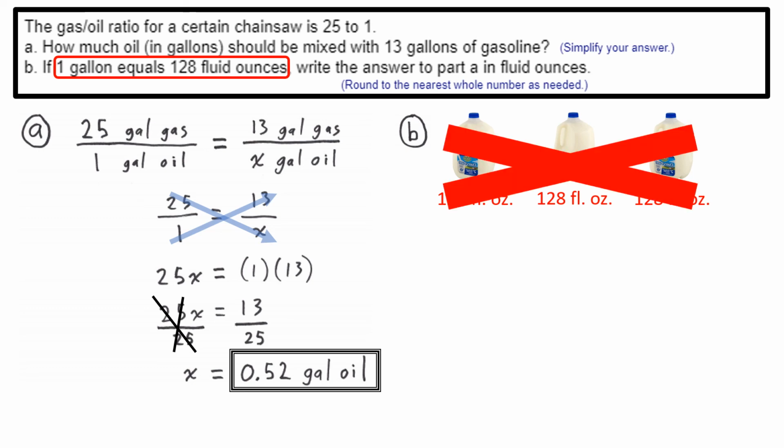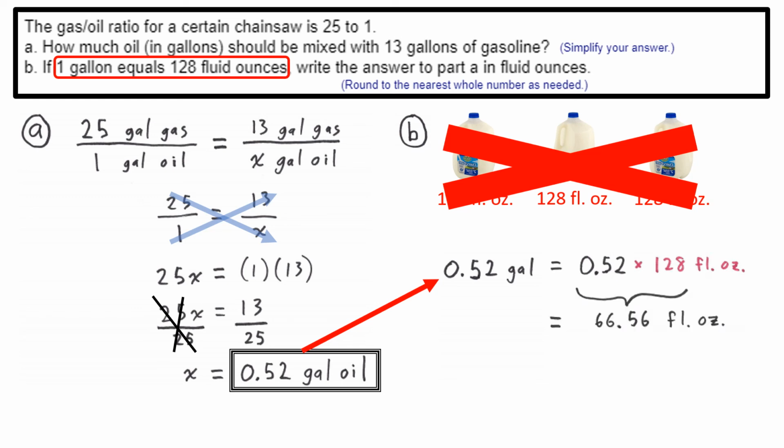But we don't have 3 gallons. We have 0.52 gallons. Fortunately, the same technique applies. We'll multiply our gallons by the conversion factor of 128 fluid ounces. We simplify using a calculator, and we get 66.56 fluid ounces.